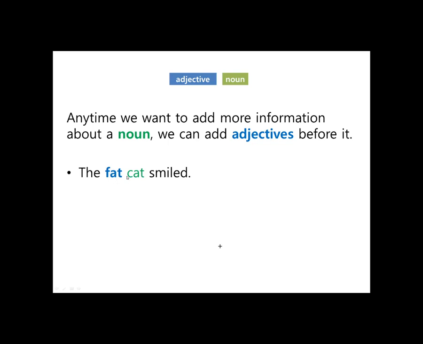It's a fat cat. The fat cat smiled. Okay, I ate a delicious hamburger. So we're using the word delicious as an adjective to describe the hamburger. It's a delicious hamburger.